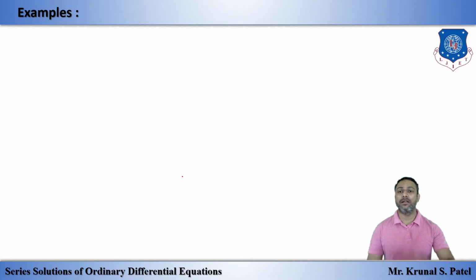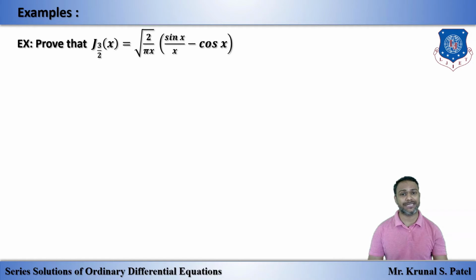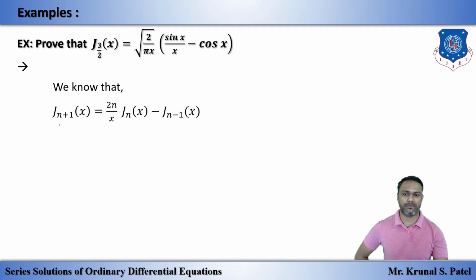Now we have some examples that you should take a look at. We can use some logic of the previous lecture also. We know this simple recurrence relation. Now we will put n equal to 1 by 2 here.